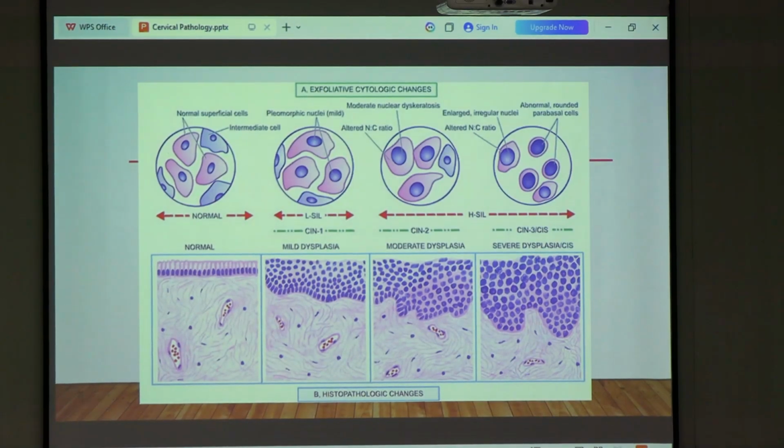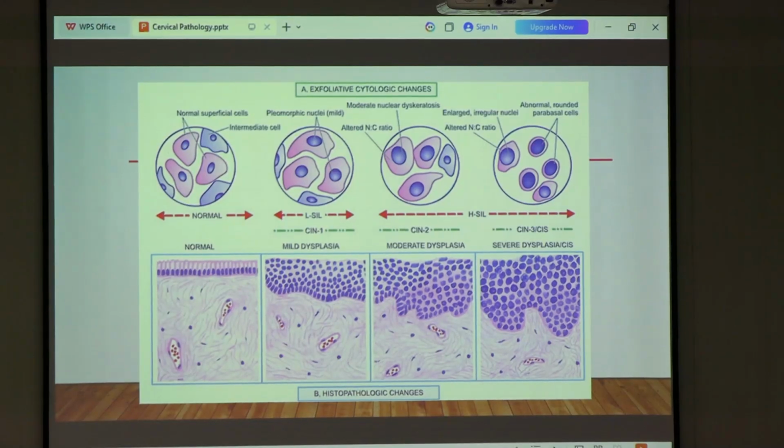CIN2 and 3, you see the dysplastic changes beyond 1/3 up to 2/3, and here the whole epithelium is dysplastic. This is known as carcinoma in situ. Okay. And this is corresponding with CIN3. CIN2, 3 are corresponding to HSIL. So this is all about your cervical intraepithelial neoplasia and HSIL, LSIL.